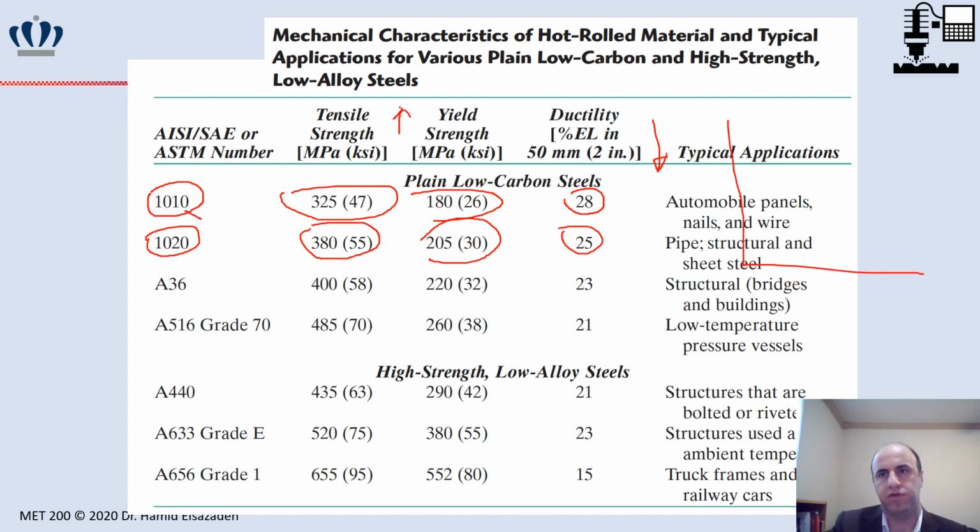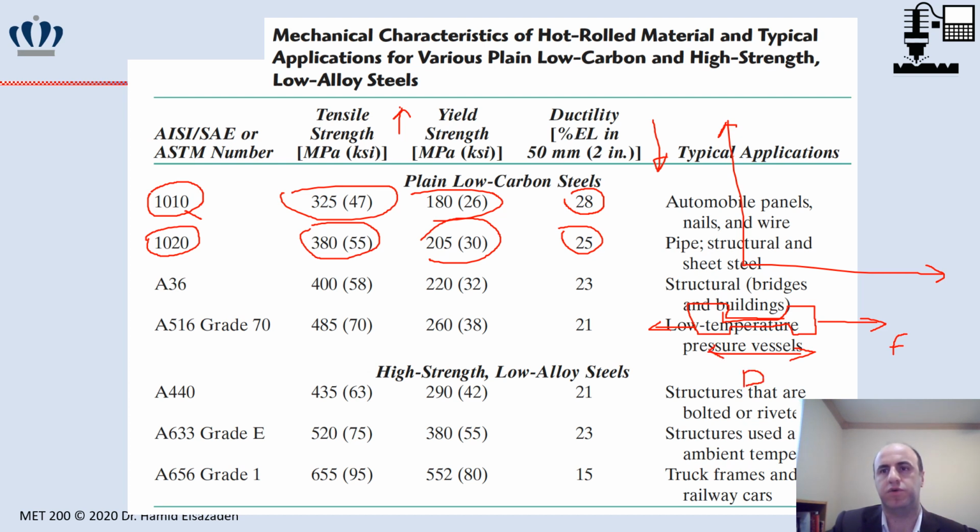If you have a sample that you put in the tensile tester machine and you pull, this is when you do the tensile test. You have to make a dog bone sample, and then you put this sample in a tensile tester, then you pull it apart, and you get force versus displacement.